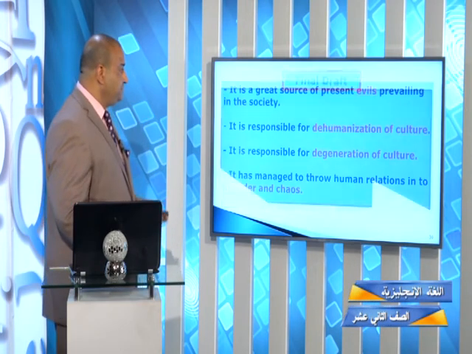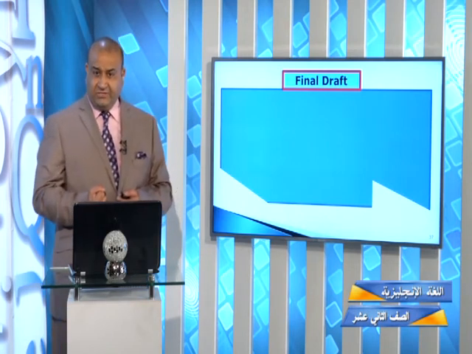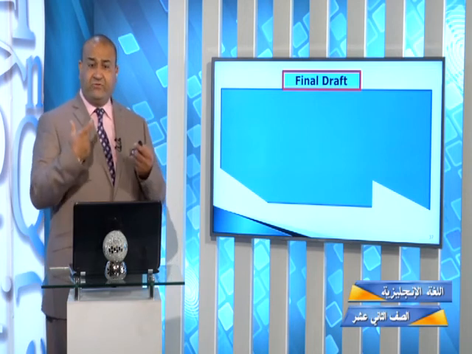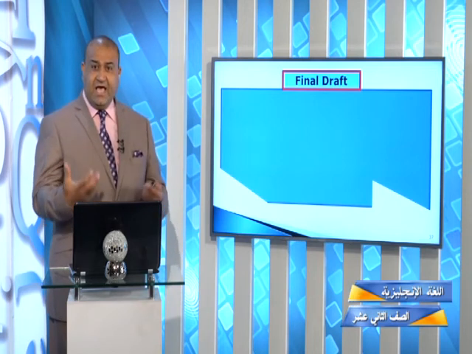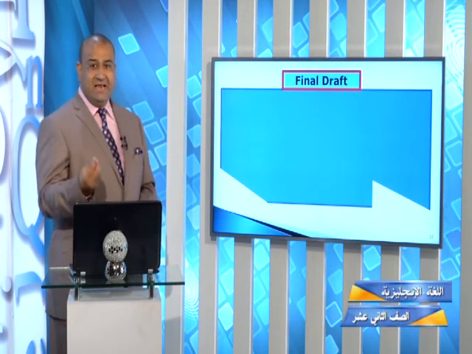For example, this is the final draft, of course, after getting the correct information from the reading comprehension or from the paragraph. Try to think of very simple sentences, and now we are going to link the sentences together by very simple linkers.